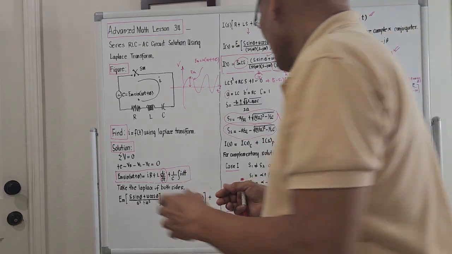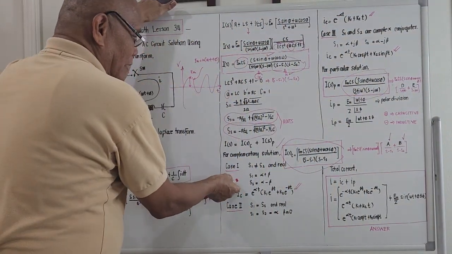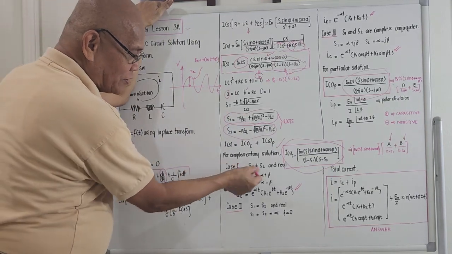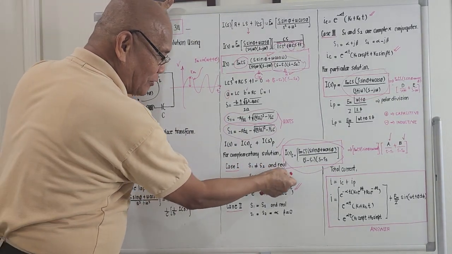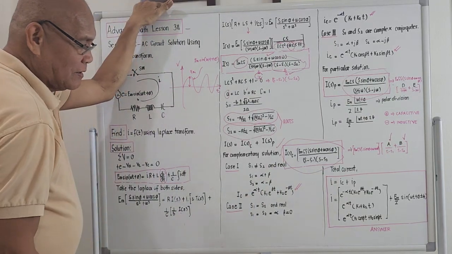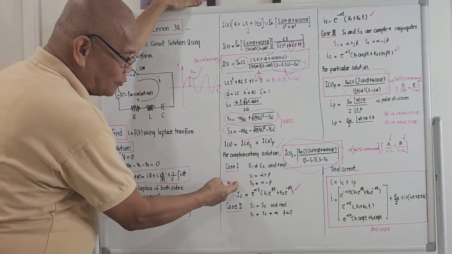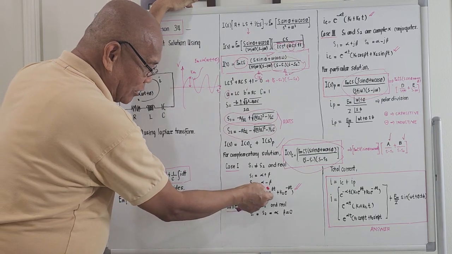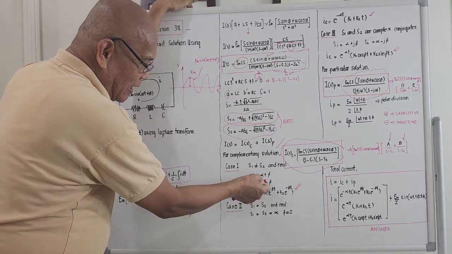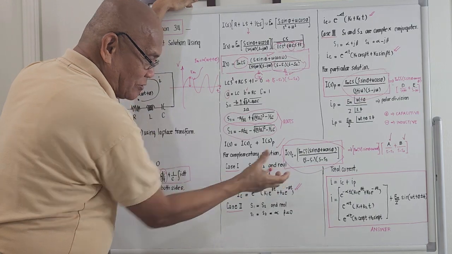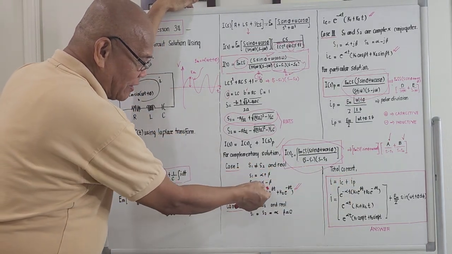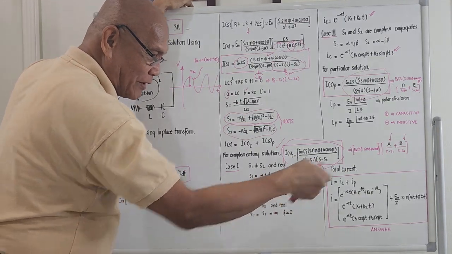For case number 1, if after the computation, S1 is not equal to S2 and they are both real, what will come out will be S1 equal to alpha plus beta and S2 equal to alpha minus beta. Alpha is real, beta is real, so the sum of two real numbers will still be a real number and the difference of two real numbers will still be a real number.